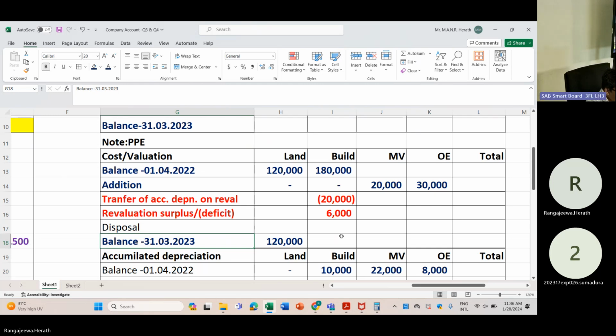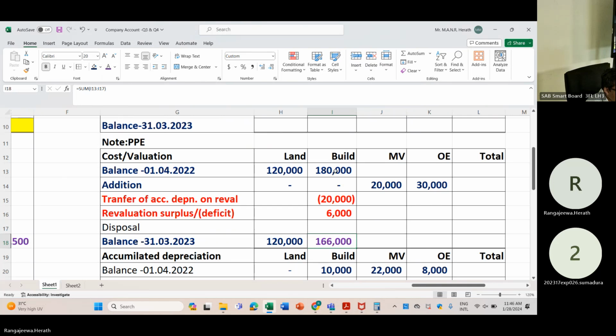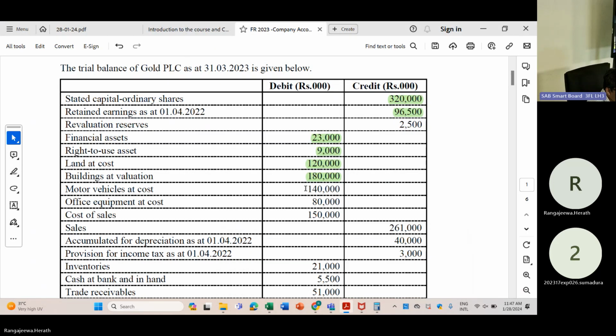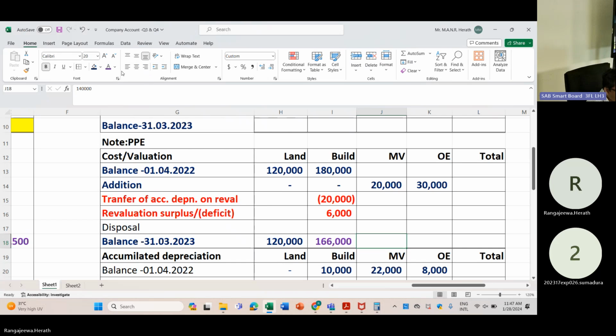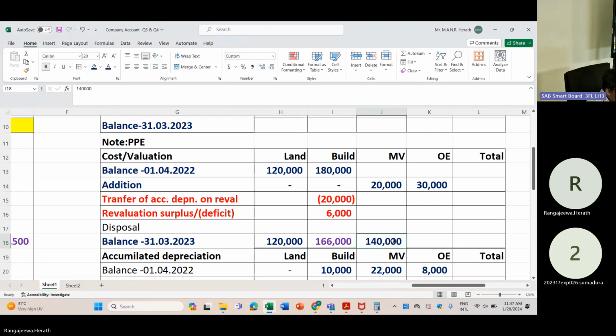For the building, we have the opening balance and the closing balance is the revalued value of 166. Motor vehicle closing balance 140,000, which is given in the trial balance, is after accounting for the addition of 20.